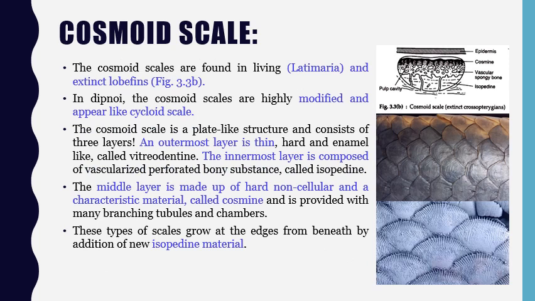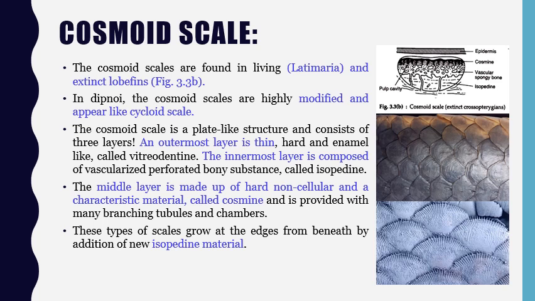After that, the second type of scale is the Cosmoid scale. These scales are found in Latimeria and the extinct lobe fishes. The Cosmoid scales are highly modified and appear like cycloid scales. The Cosmoid scale is a plate-like structure and consists of 3 layers.